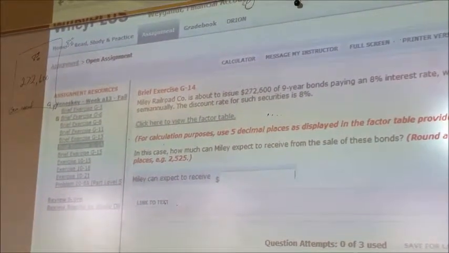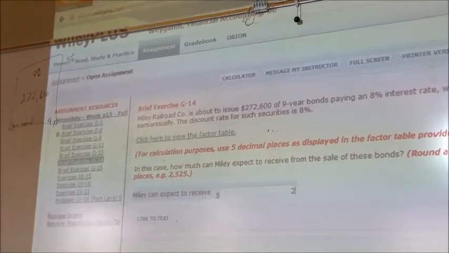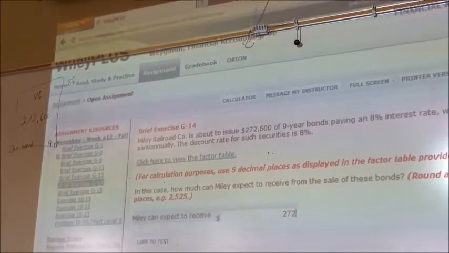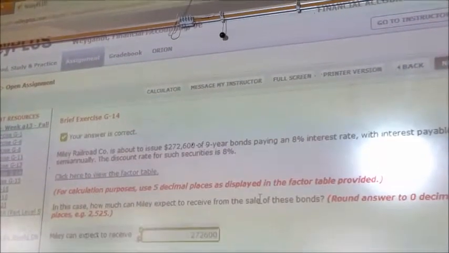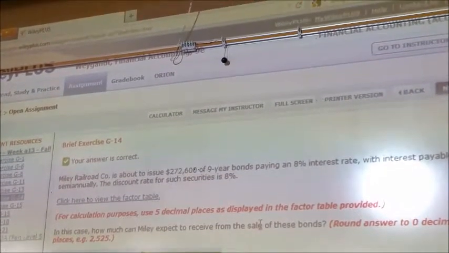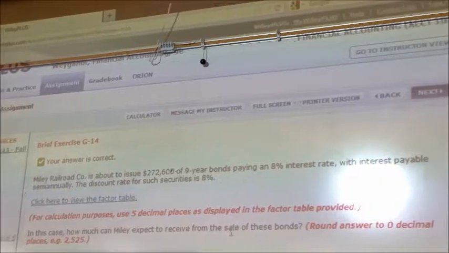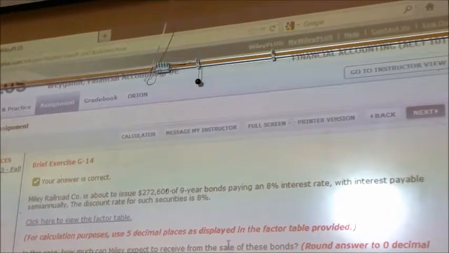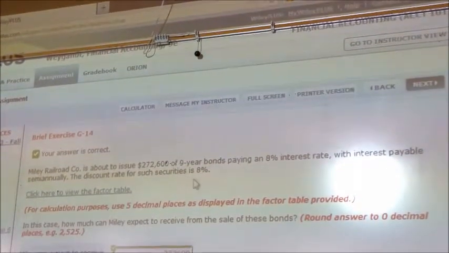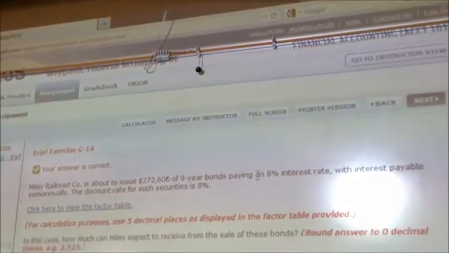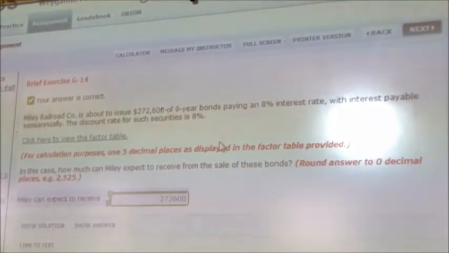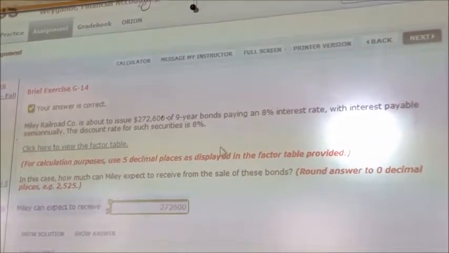This one's actually very easy. If the market is the same as the displayed interest, you're gonna get everything. Nobody gets a discount, and there's no premium. Market and the other rate are the same. There was nothing to even figure here.